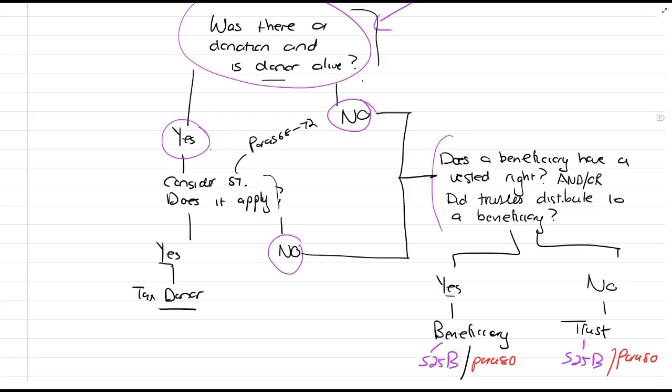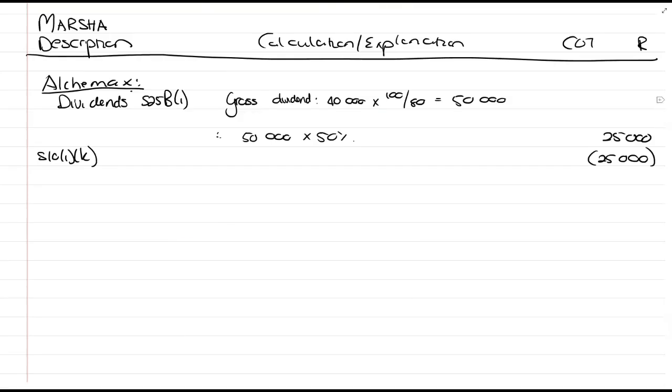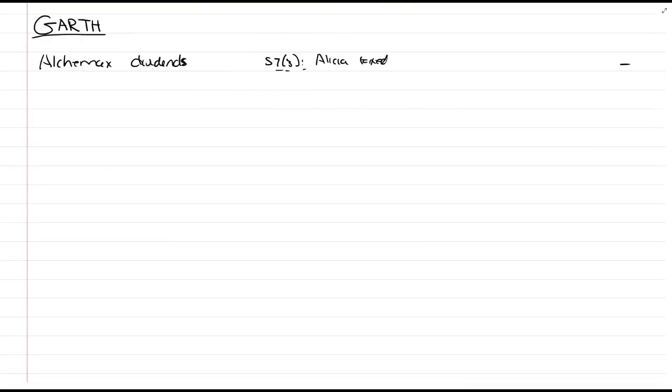Okay, so we do the same thing. We ask, for this CGT, this disposal, was there a donation? Is the donor alive? Yes. Consider section 7. Does it apply? Yes. Garth is a minor. So let's go to Garth here, and I'm going to say Alchemax dividends and Alchemax capital gain.